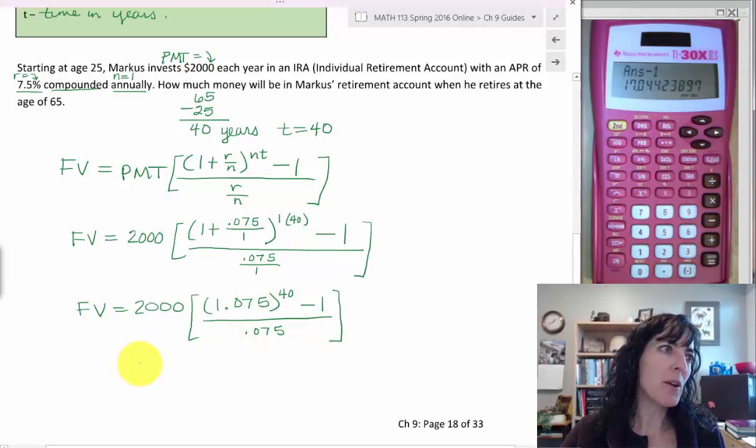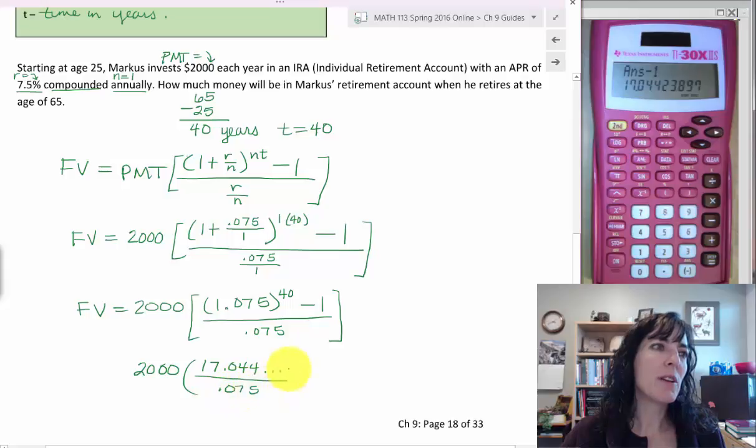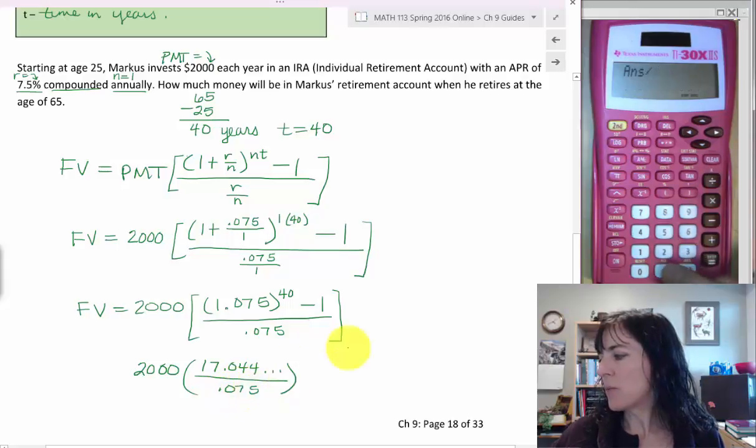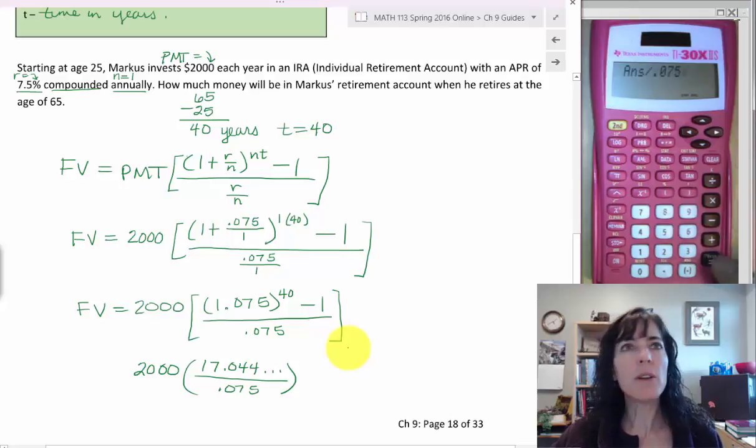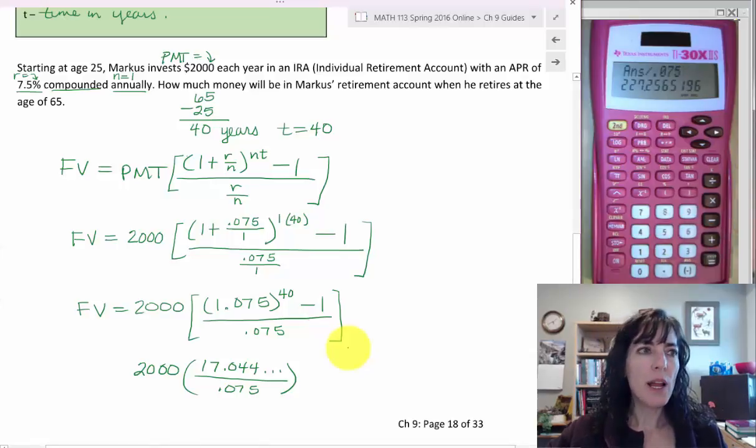So if I want to write it out, I might do it again right here. And I have 17.044 dot dot dot over 0.075. And so I can just divide by 0.075, equals, and I get 227.